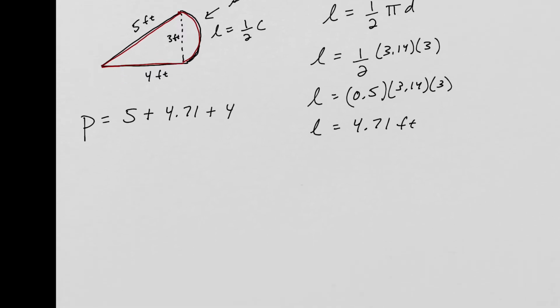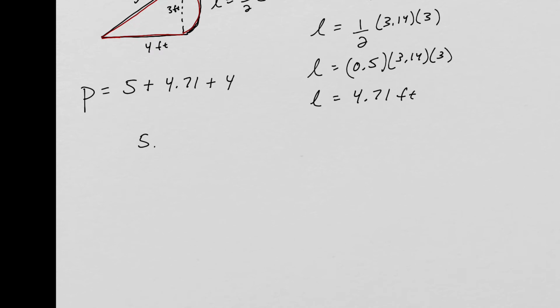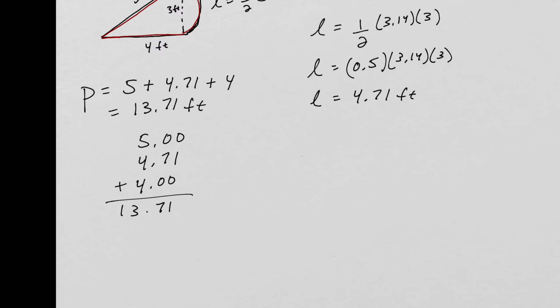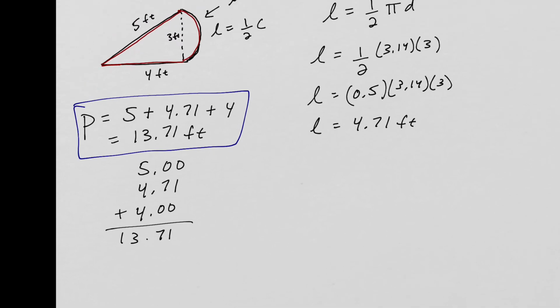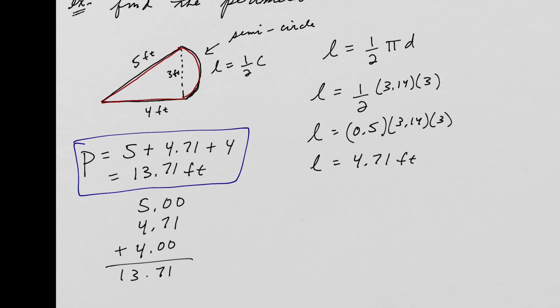So if I add those together, this is going to be 7.1, and then what is that, 13? So the perimeter is equal to 13.71 feet. And that would be the answer. So that would be the perimeter of that object.